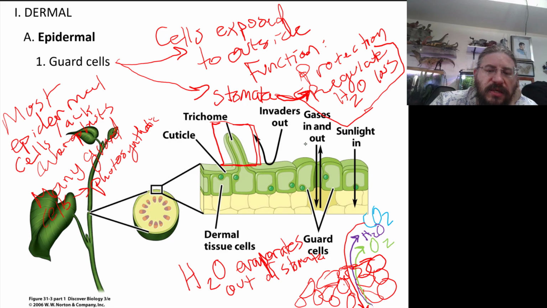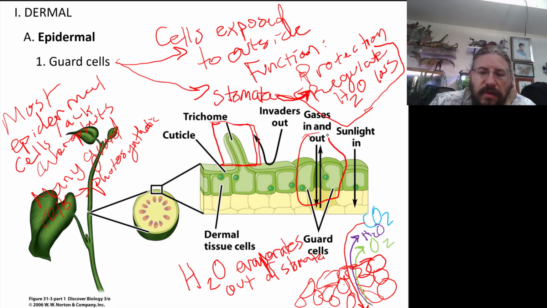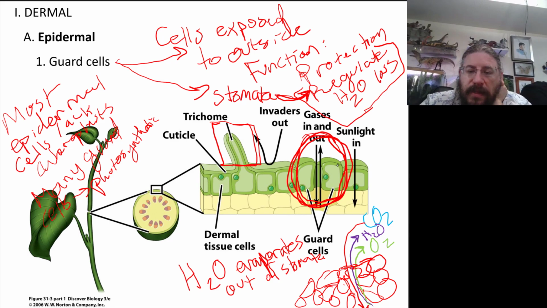So these specifically, I feel like I was unclear. They guard against water loss. So just to sum that up, in case that left you a little confused, guard cells are the cells specifically around the stomata, flanking the stomata.